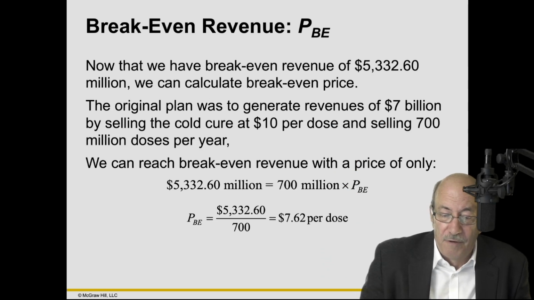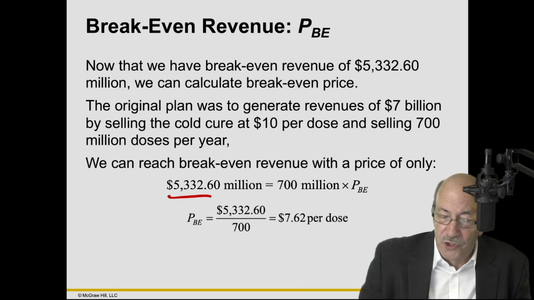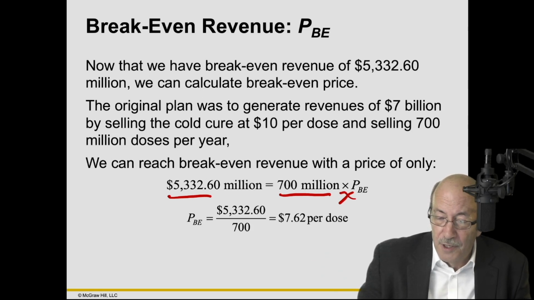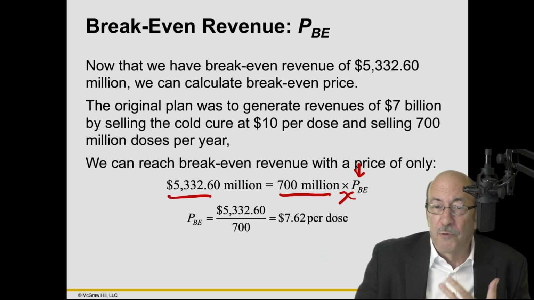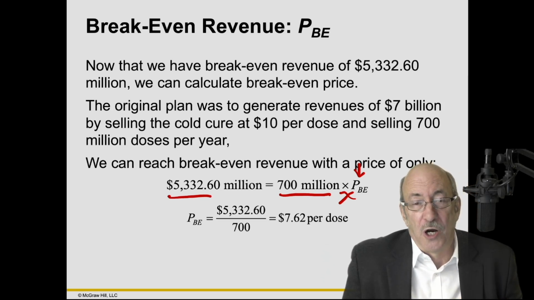So that $5.332 billion equals the 700 million doses sold times the price. So what we're backing into is how low a price could we charge.